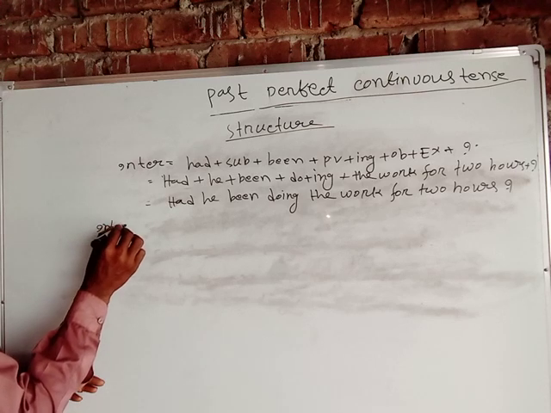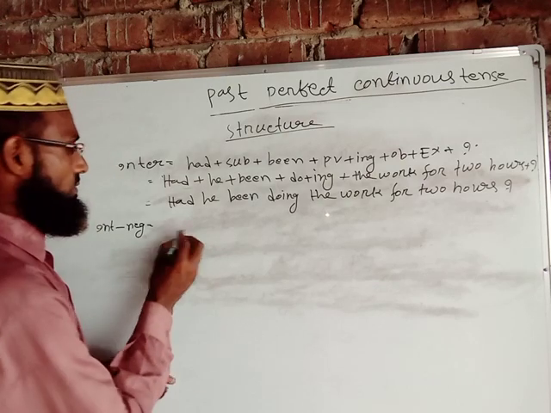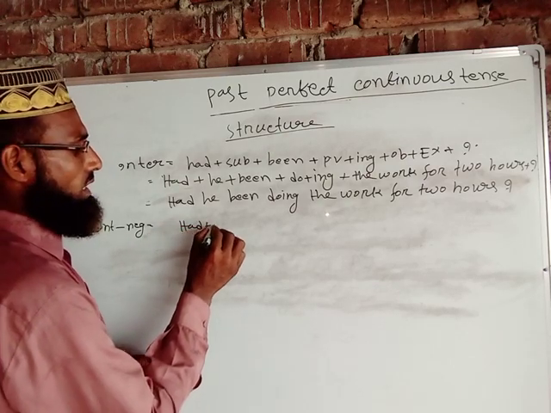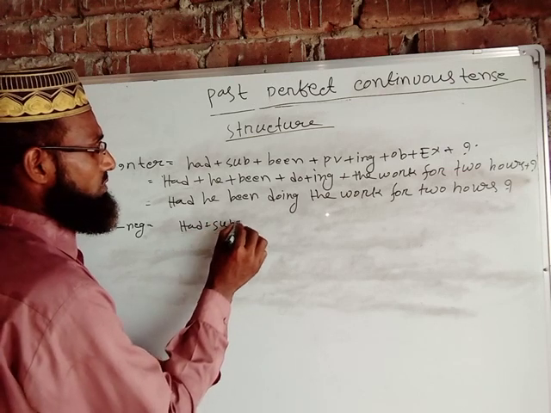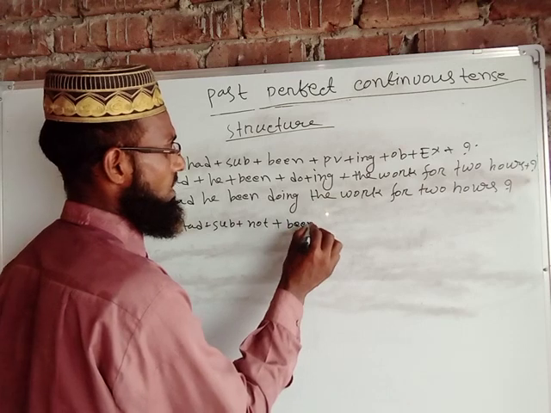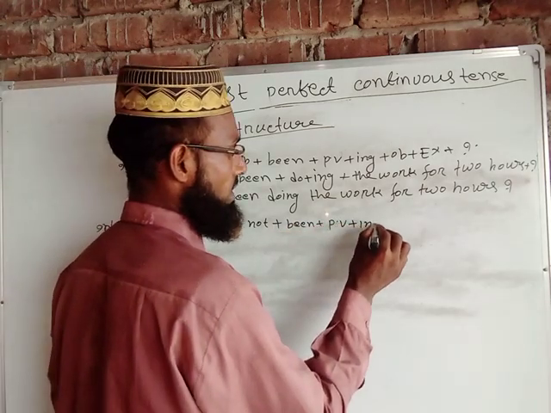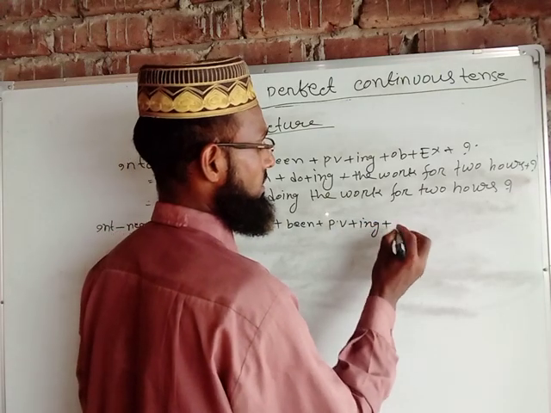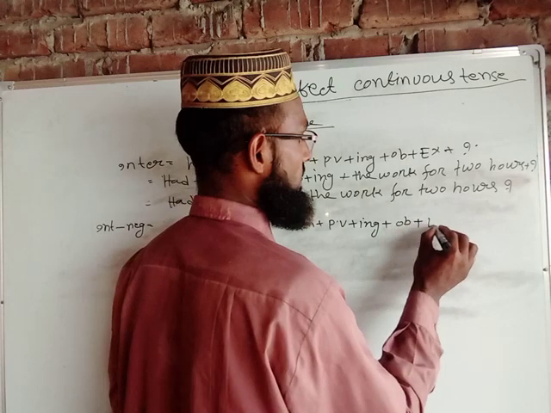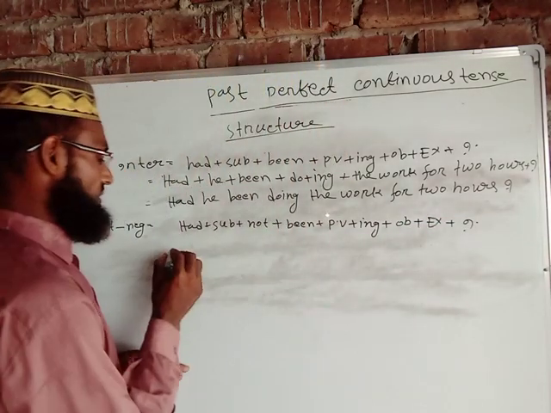Okay, student. Interrogative and negative at a time: had plus subject plus not plus been plus PV plus ing plus object plus extension plus sign of interrogation.